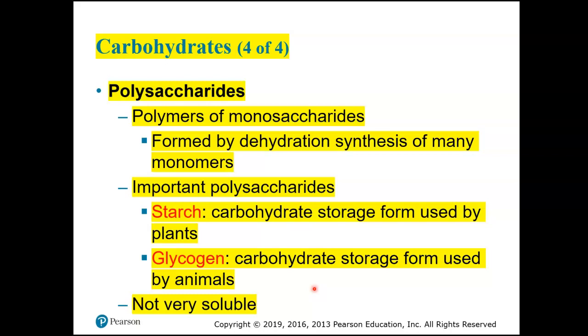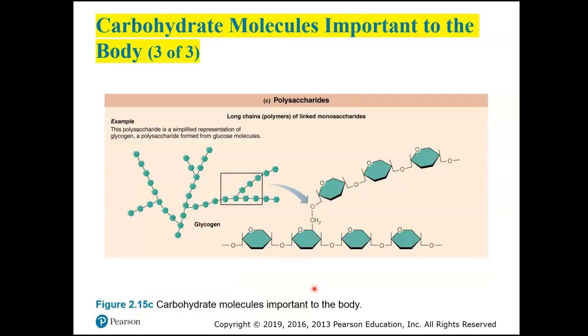Those chains of glucose are glycogen. So glycogen is like animal starch, basically. Polysaccharides are not very soluble, whereas sugars are. Monosaccharides and disaccharides are, but polysaccharides are not. This shows you what glycogen looks like. It's long branching chains, but each of those individual building blocks or monomers are glucose.